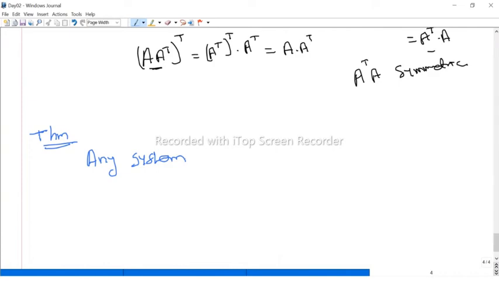Any system of linear equations has either no solution, maybe a solution does not exist.